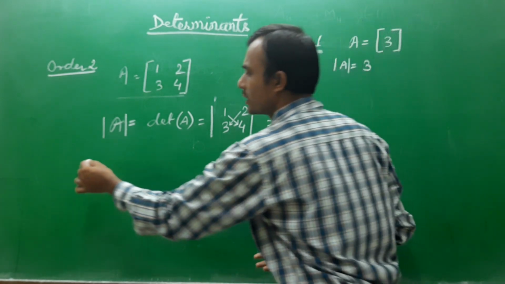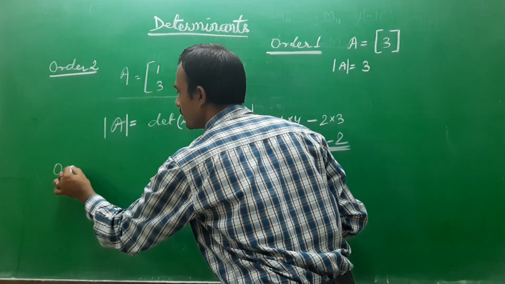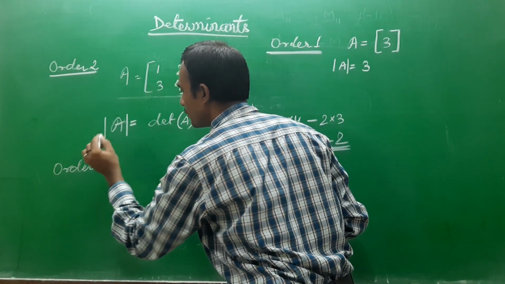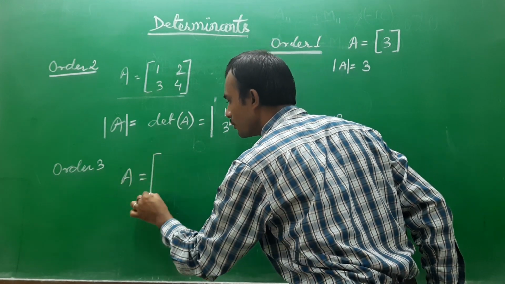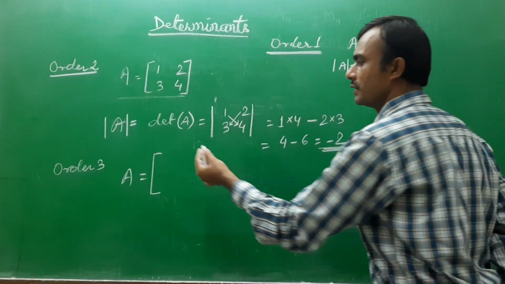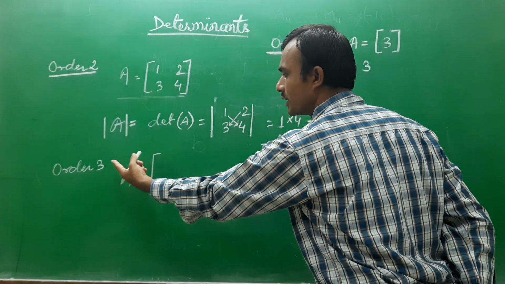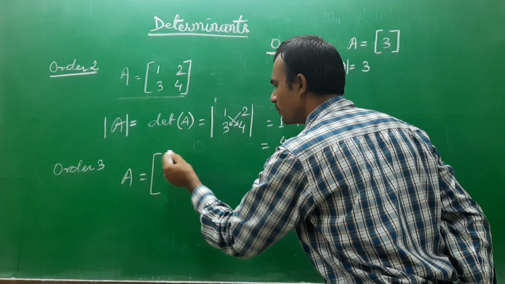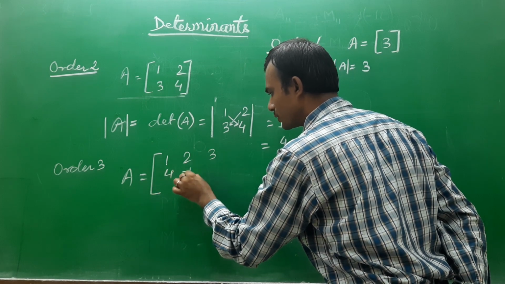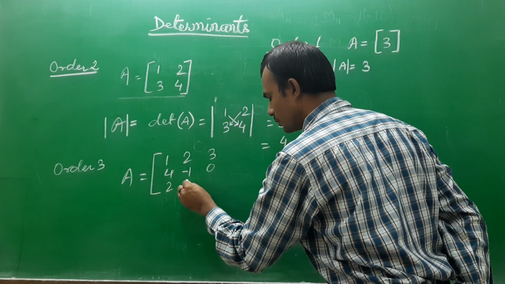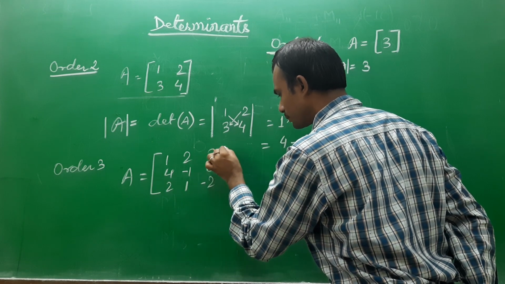Now come to order 3. For order 3, how many elements will be there in matrix A? Total 9 elements, because 3 into 3. So we use 1, 2, 3, 4, minus 1, 0, 2, 1, minus 2.